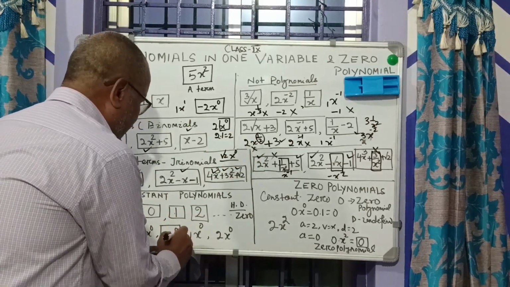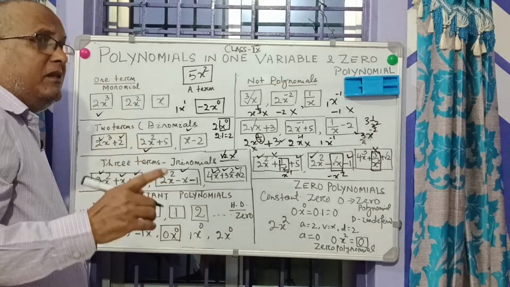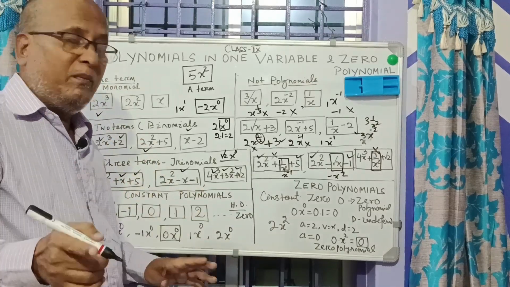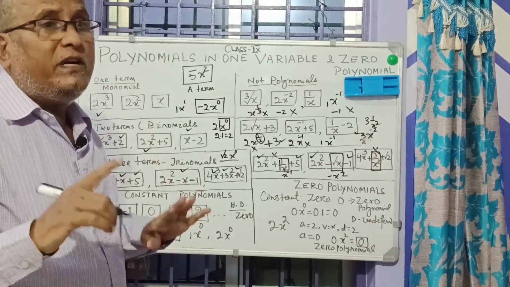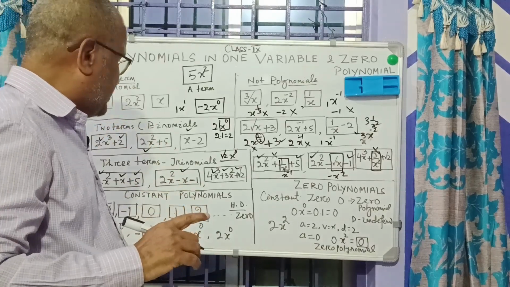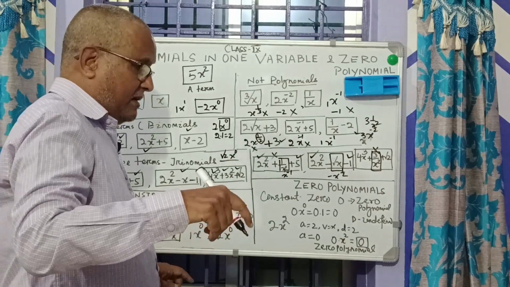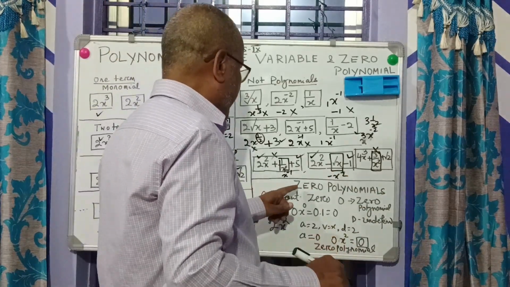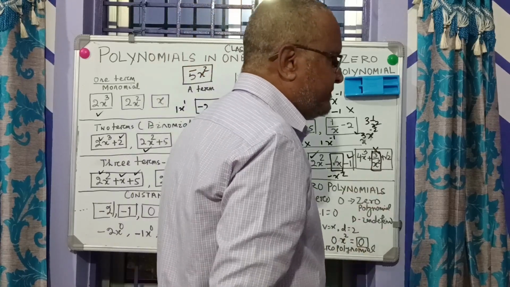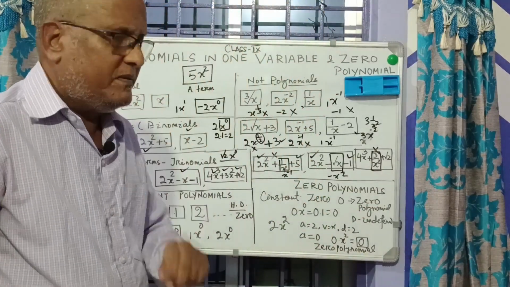So 0 into 1 is 0. And the degree of the zero polynomial is not defined. So this question was asked in CBSE exam 2023. Okay. So zero polynomial. There are two concepts.